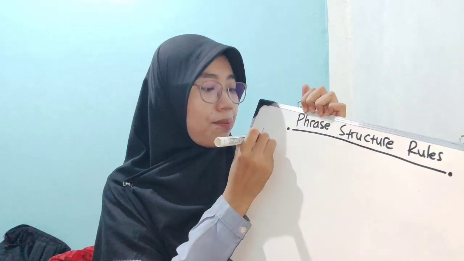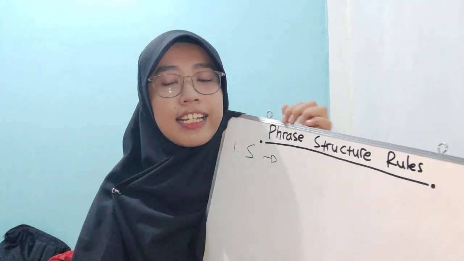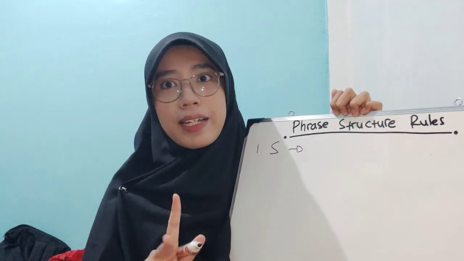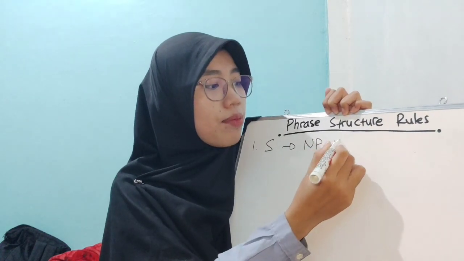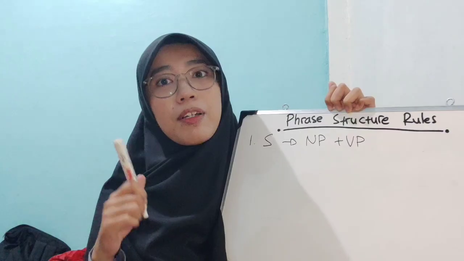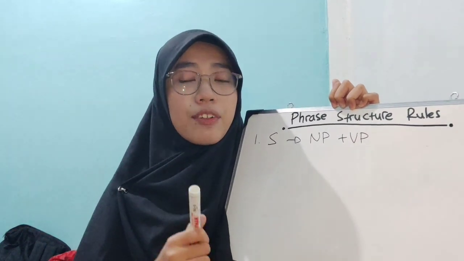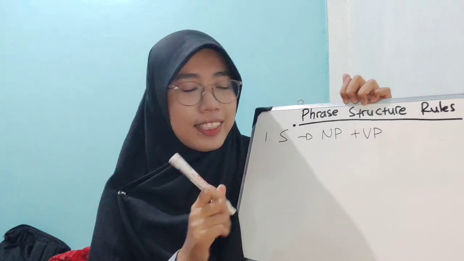First is sentence. A sentence is made of two main things, that is noun phrase and verb phrase. So every time you make a sentence, there will always be a noun phrase and a verb phrase. You must remember it.